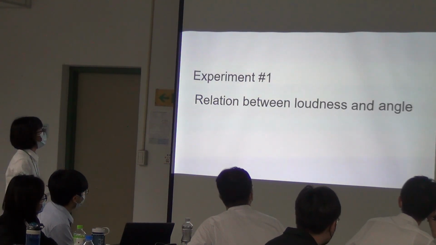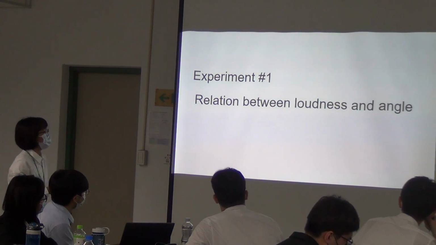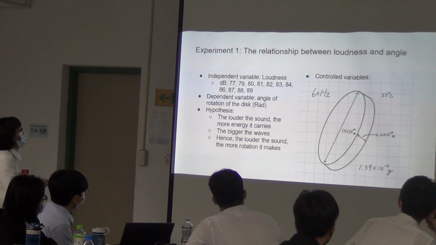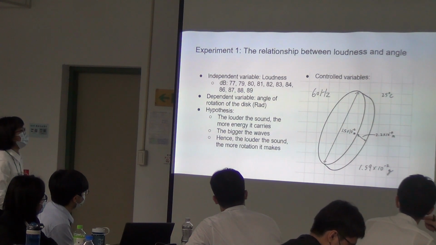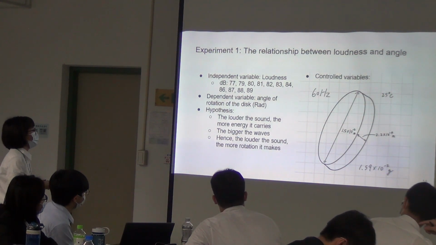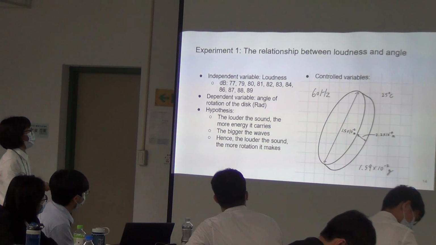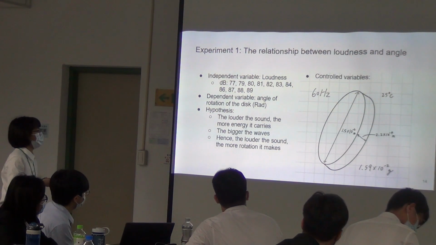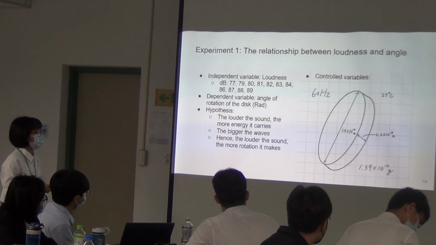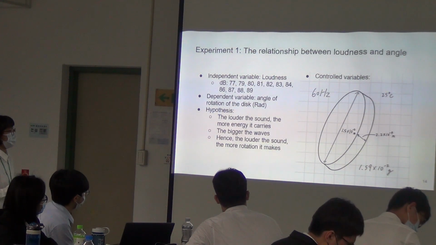Experiment 1: relation between loudness and angle. The independent variable is the loudness, and the dependent variable is the angle of rotation of the disc. Our hypothesis is that the louder the sound, the more energy it carries, and the bigger the force.